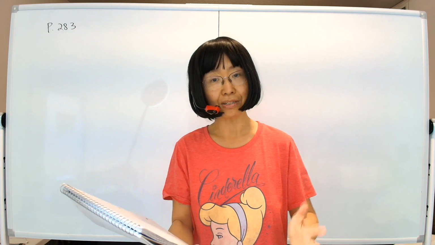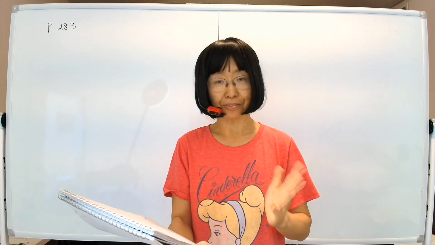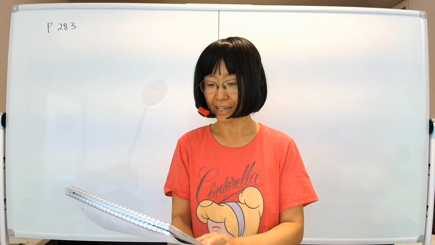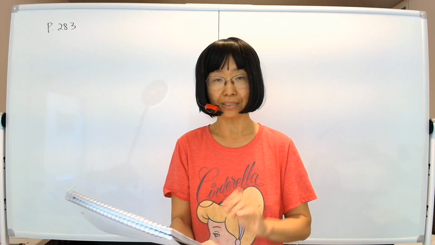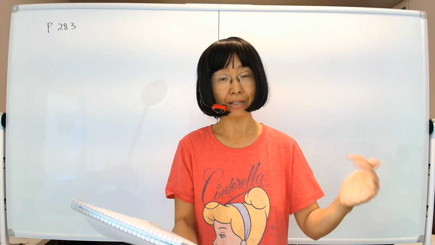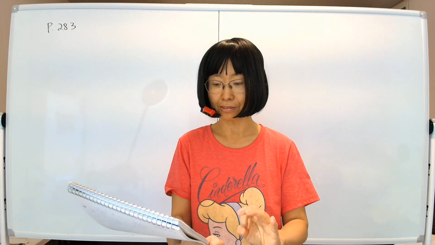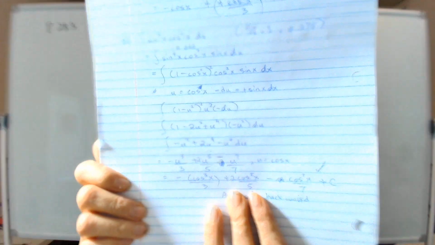So we're going to take one sine and save it for the du, because the derivative of cosine is negative sine. So we have sine to the fourth power left, and then we'll convert the sine to the fourth power completely into cosine. Being an even power, you can convert it into 1 minus cosine squared.